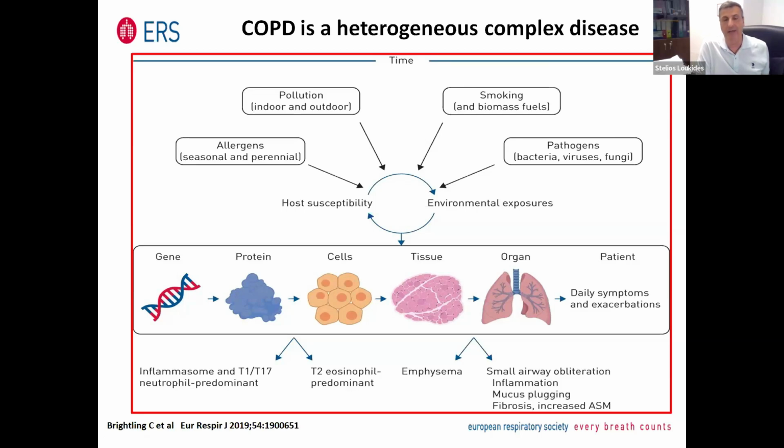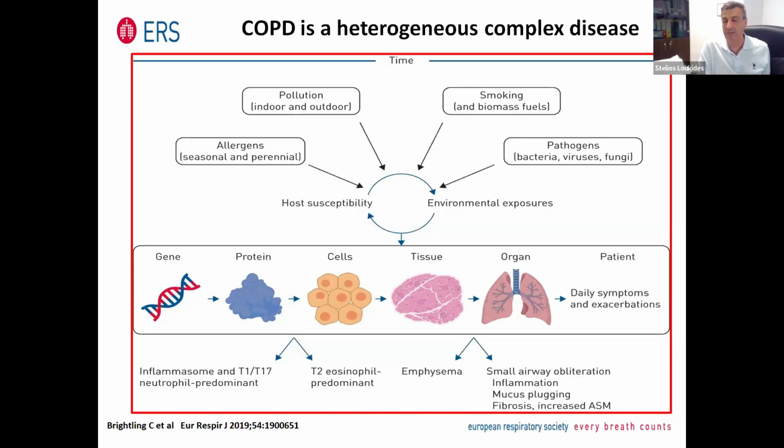And if we want to divide the inflammatory process, there are two major components. One is the T1 or T17, which is neutrophil predominant, while the other one is T2, eosinophil predominant. And of course, we always have to consider that emphysema is a distinct pathology of the disease.